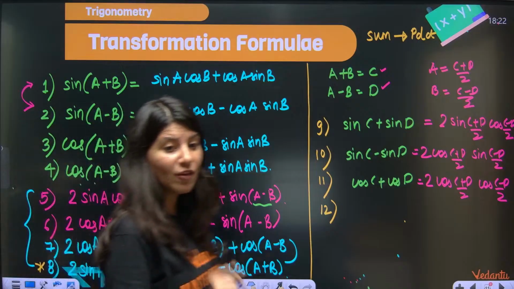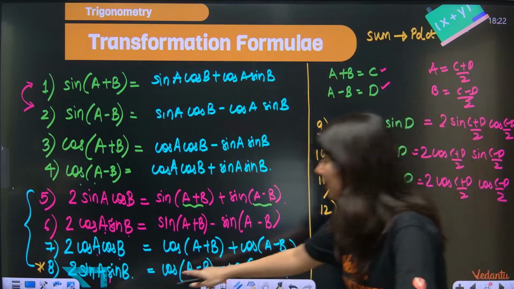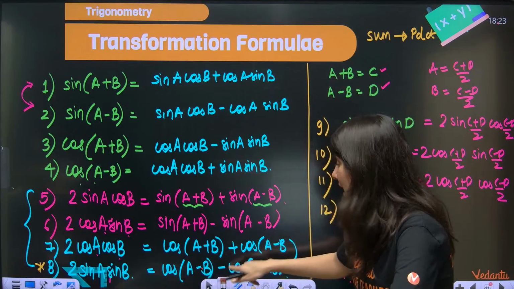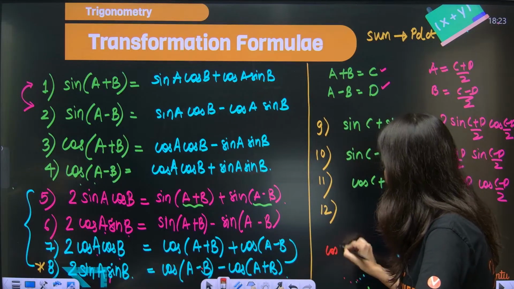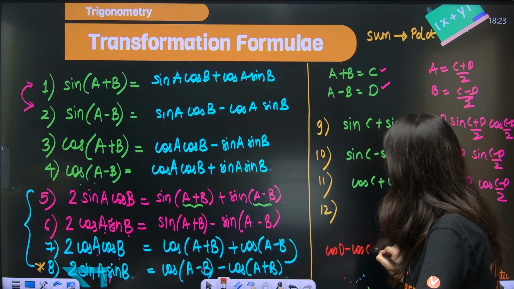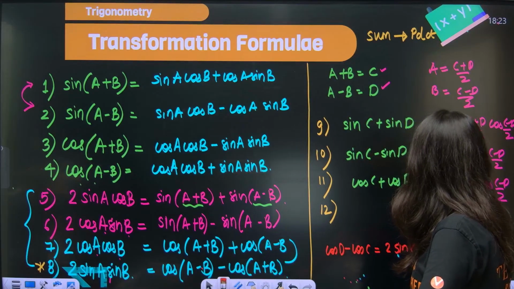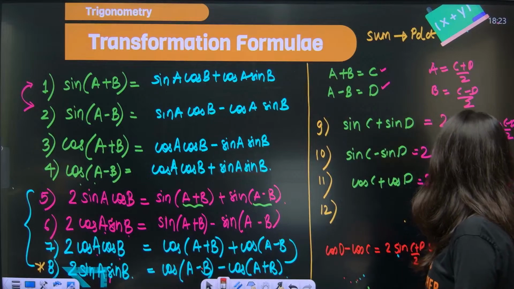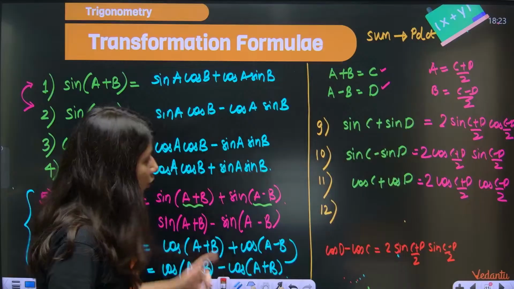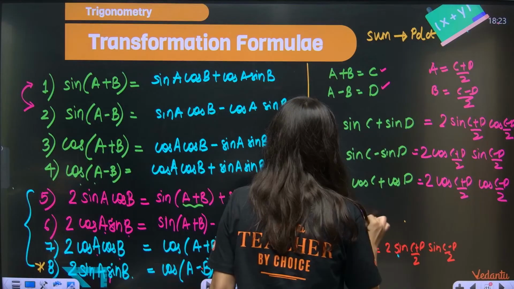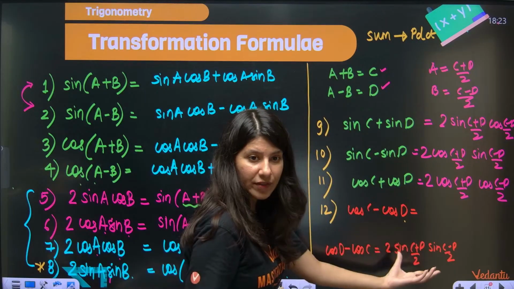Now the fourth formula, understand, this is a slightly different one. This will be cos D minus cos C. So cos D minus cos C is equal to 2 sin((C+D)/2) sin((C-D)/2). But cos D minus cos C, no. You want cos C minus cos D. So the minus sign will go on this side.